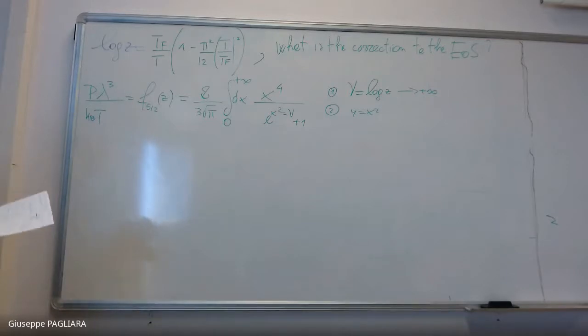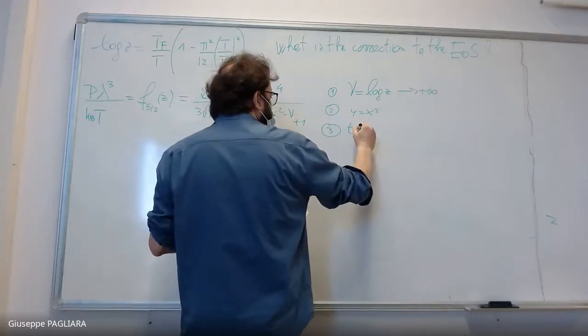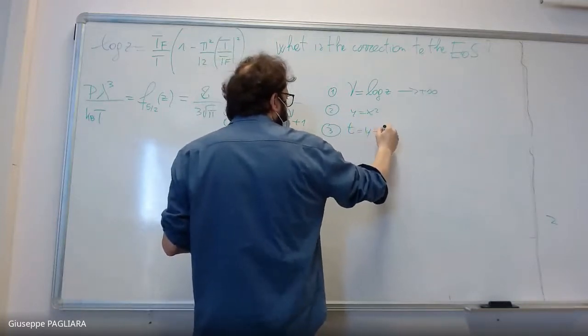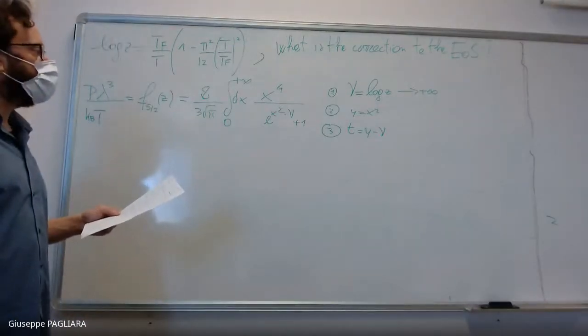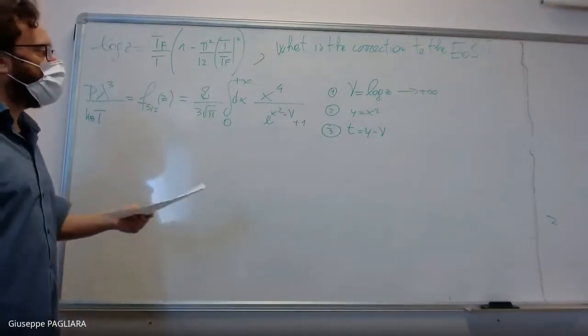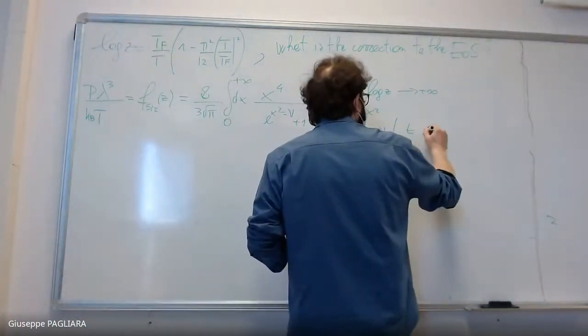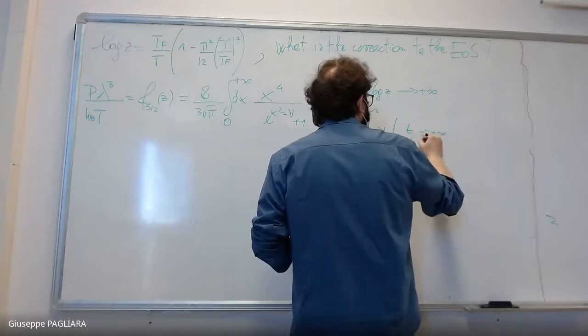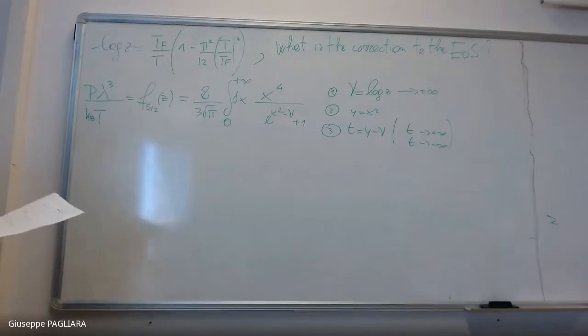The third point was to introduce a quantity t, which is equal to y minus mu. And t ranges from minus infinity to plus infinity, because mu is large. And we see that this function is equal to the following.